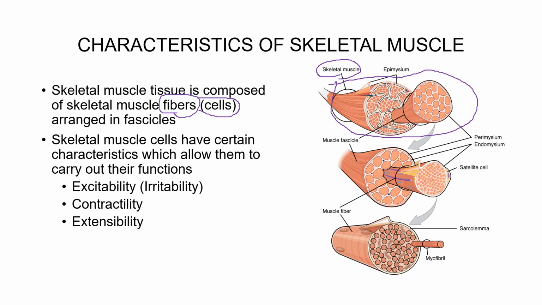Now notice there's this kind of white cord that's attaching to the muscle, and then that's going to attach to some type of bone. So remember, the structure that attaches muscle to bone is called a tendon, right? And then ligaments are more for bone-to-bone connections. So we have a tendon connecting our entire muscle to a bone.